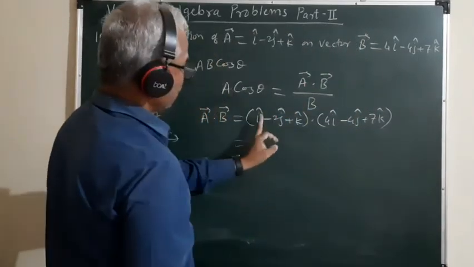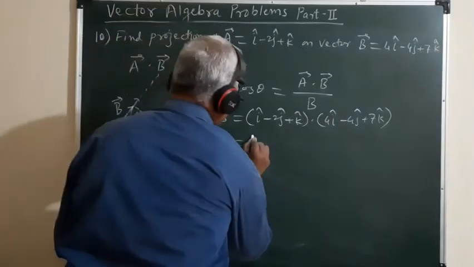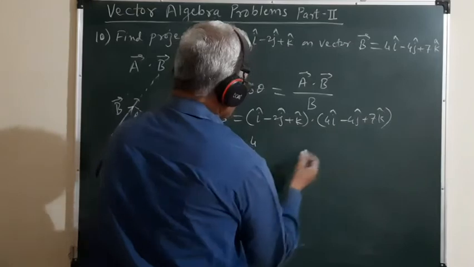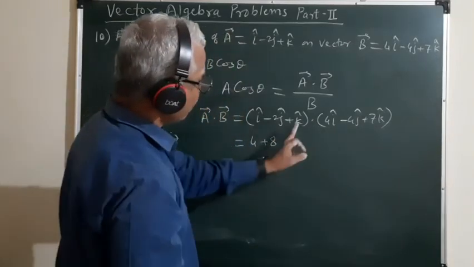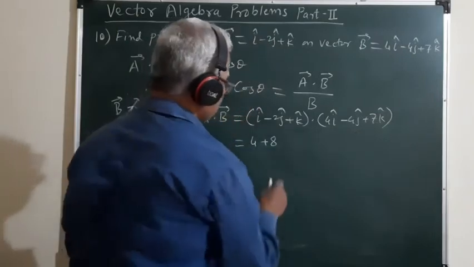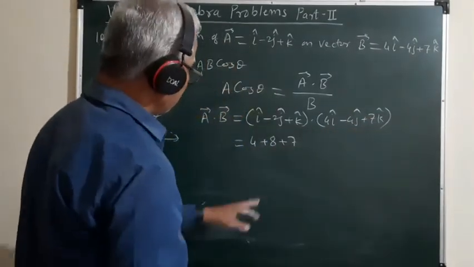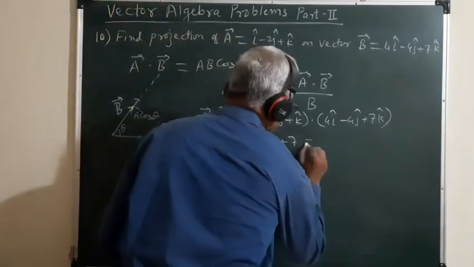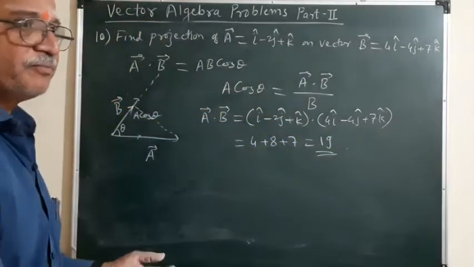So this is equal to 4 into 1 is 4, i dot i is 1, minus 2 into minus 4 is plus 8, j dot j is 1, 1 into 7 is 7, k dot k is 1. So 15 plus 4 is 19. So A bar dot B bar works out to be equal to 19.